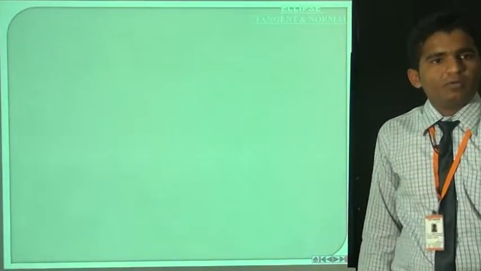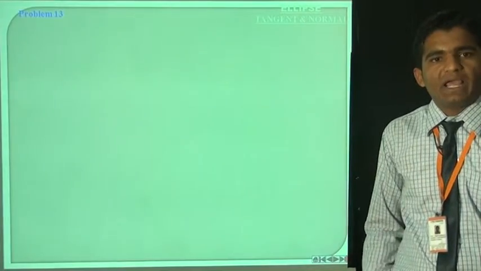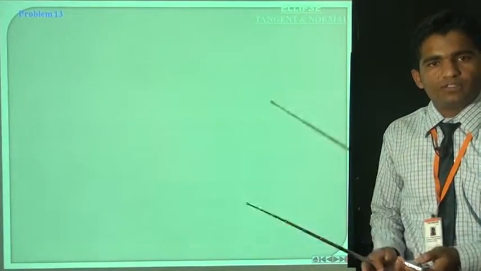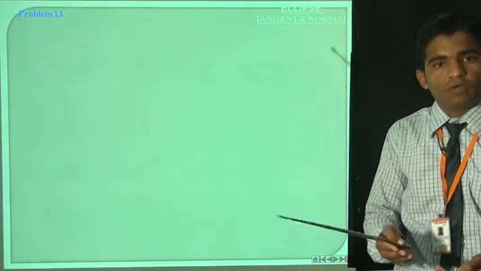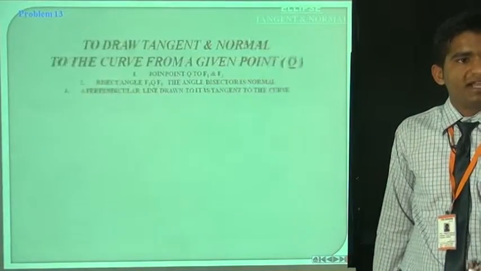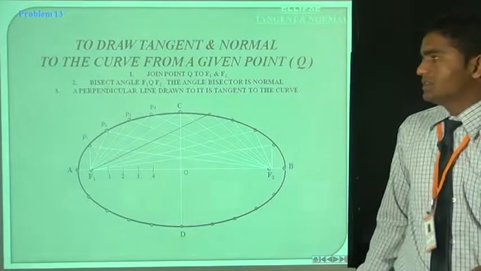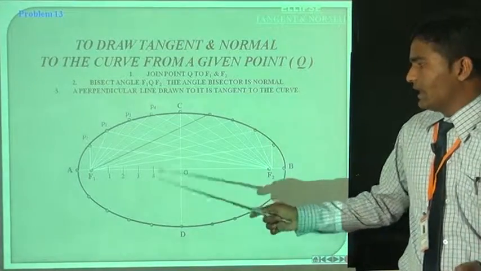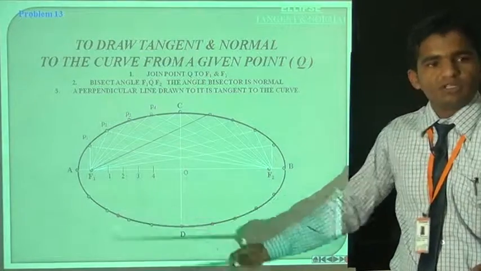Now the next step is how to draw the normal and tangent of conic curves such as ellipse, parabola, hyperbola. How to draw the normal and tangent of the curves. So for that, take one problem. Suppose this is the ellipse, and I want to draw the tangent and normal from this point.